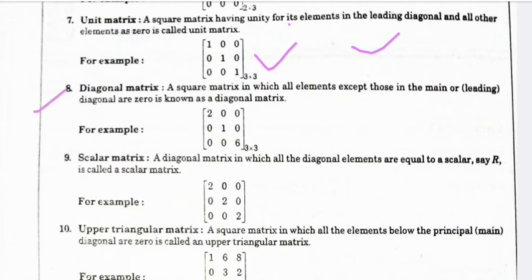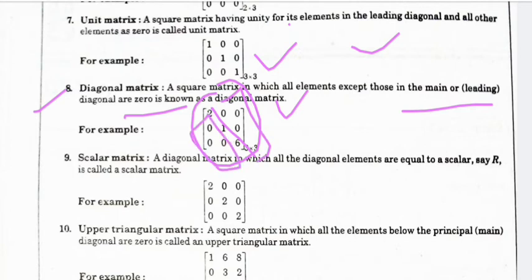matrix is the diagonal matrix. A square matrix in which all the elements except those in the main or leading diagonal are 0 is known as the diagonal matrix. For example, here the matrix is given like this, and the diagonal elements are non-zero and the other elements are 0, then it is called a diagonal matrix.